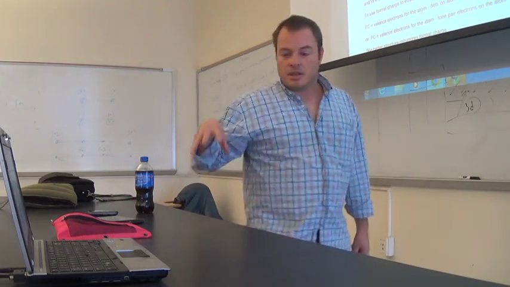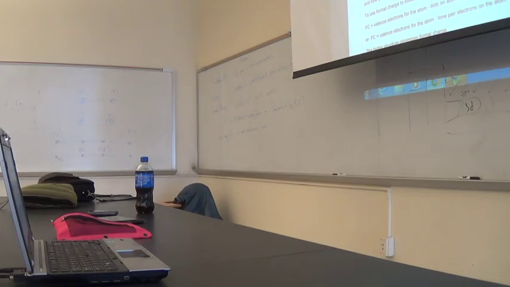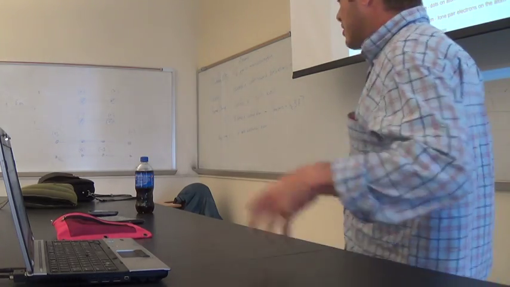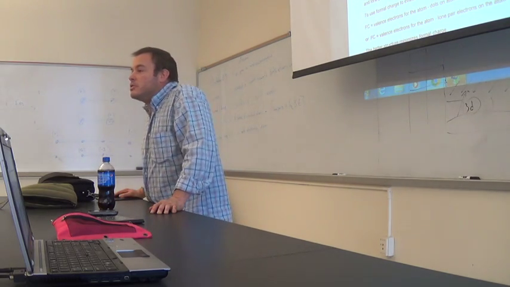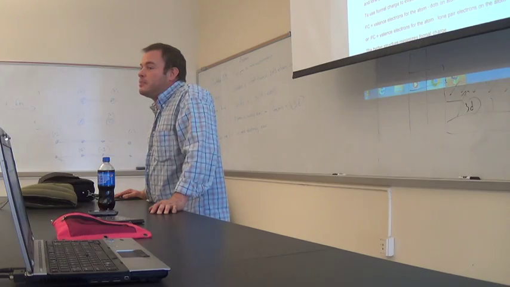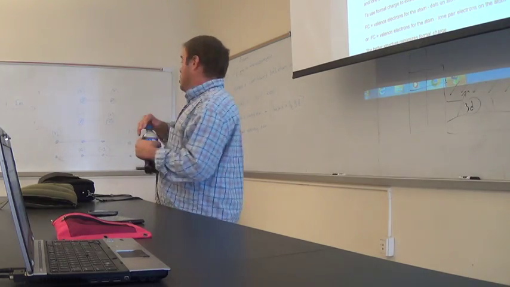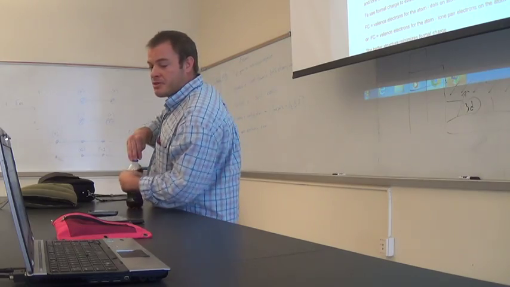Count the electrons, establish geometries, distribute electrons as bonds, distribute electrons as lone pairs, satisfy the octet of the central atom, and then weigh all of the different Lewis structures using formal charge analysis. All right? So, practice makes perfect. Let's do some practice.